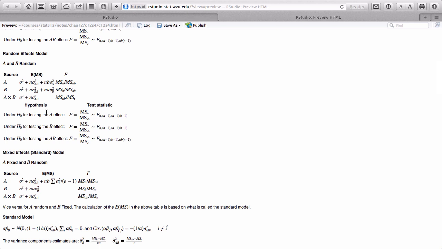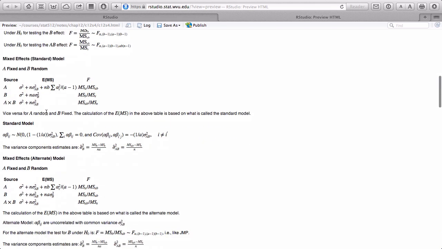So we test everything by the interaction, and notice that the degrees of freedom for the interaction is a minus 1 times b minus 1. So if a and b are not very big, you have very few degrees of freedom. Now, these are all important to consider, because if it's a 3 by 3, then what? Do I not have the degrees of freedom written down any place?